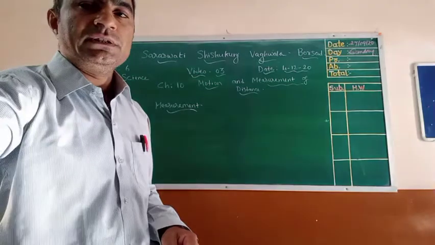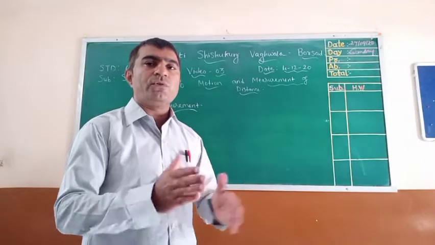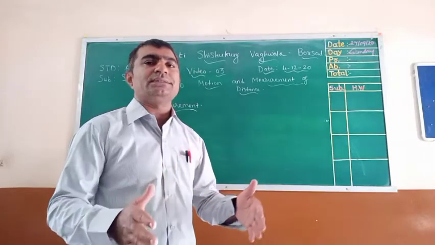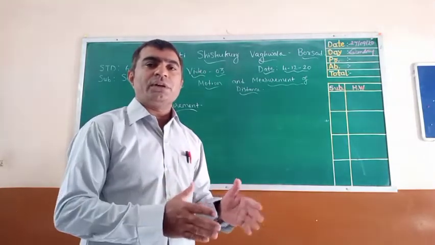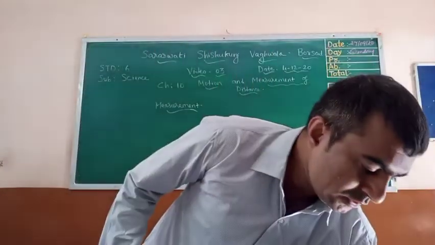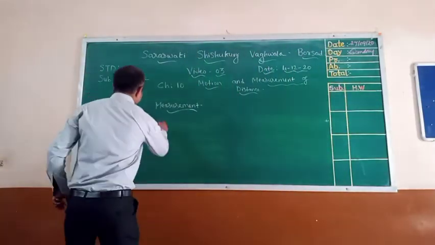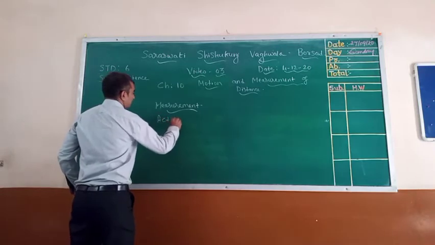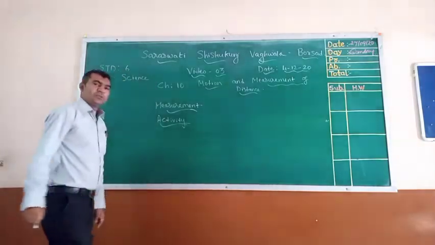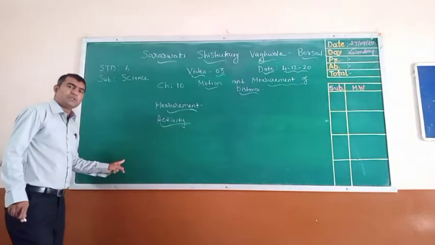We will see some example or some object of the device which can be used for the measurement, so we can get the distance or any measurement of that object. So over here, to measure any distance, we can do one activity. What we will do is measure this board by using hand span.